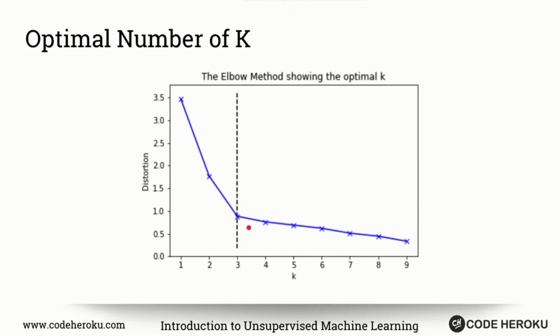And after a point, you reach a point where you get this elbow-like structure. Imagine this is your shoulder, and this is your elbow, and maybe this is your arm somewhere, and this is your hand over here. So what you do is, you select the point at this elbow location, which is around 3. The reason for that is after this, you are just getting incrementally better results.